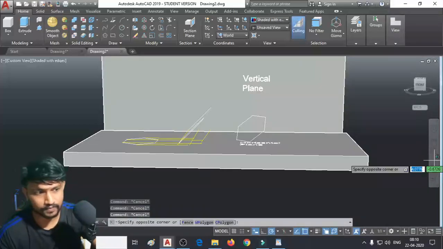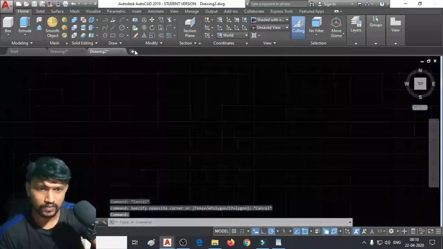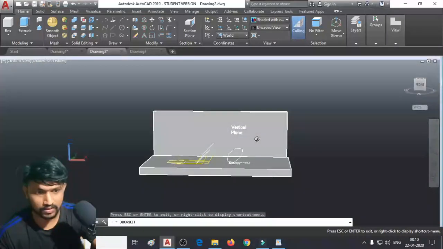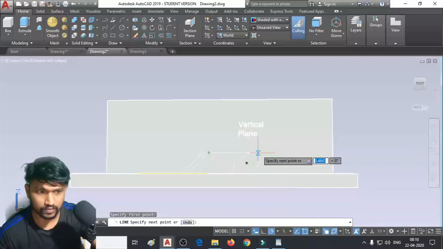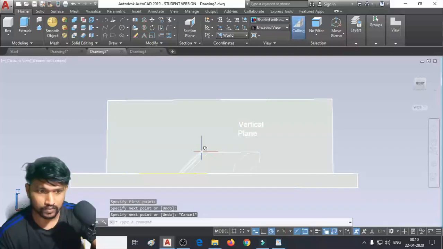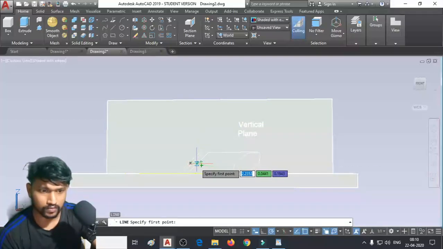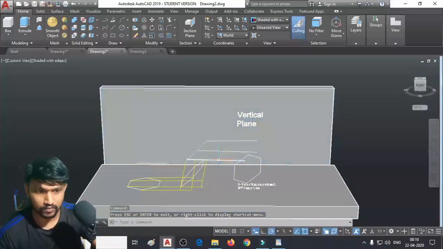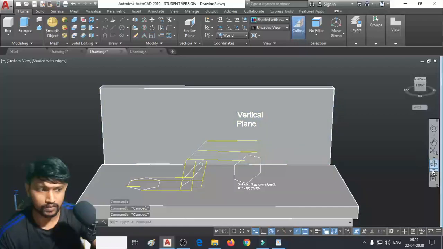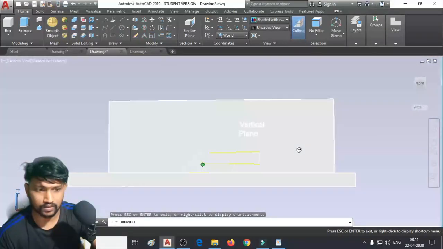Not able to select this one. Unless I open the tab, I won't get this. Seems nothing might be happening.